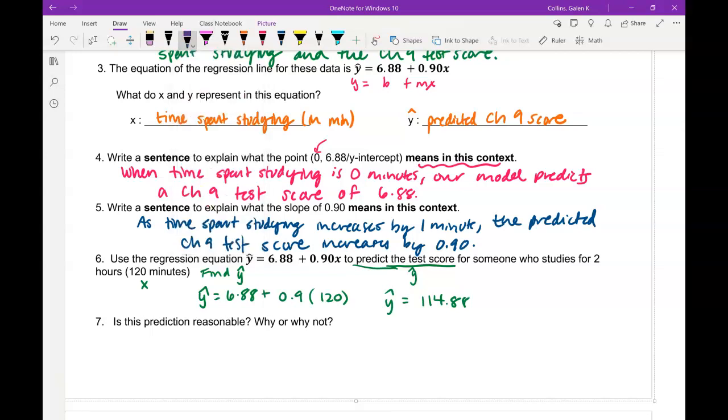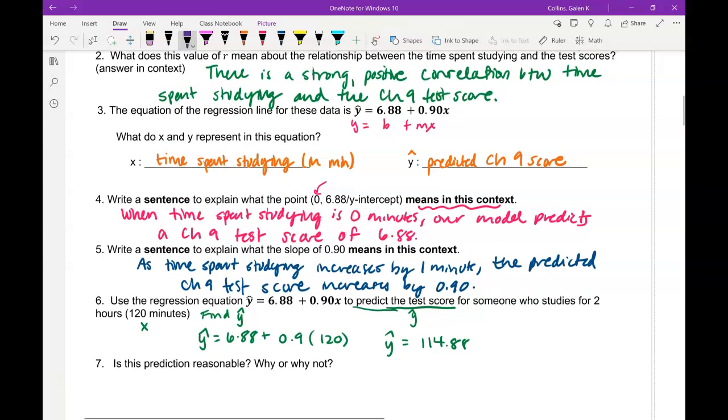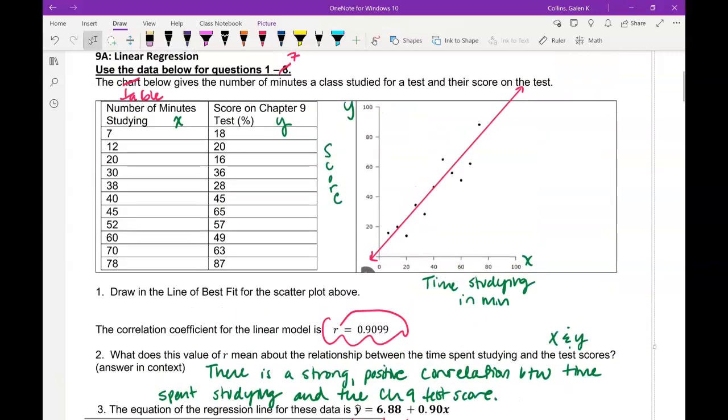What we do know, if we go back to our table, is that we just plugged in 120 for x, and the range of x values that we had considered when we collected our data went from 7 to 78. So I would argue that the number 120 is just too far away from that set of collected data. In math, we call that extrapolation when we use our prediction line to predict something that's outside of the range of our collected data.